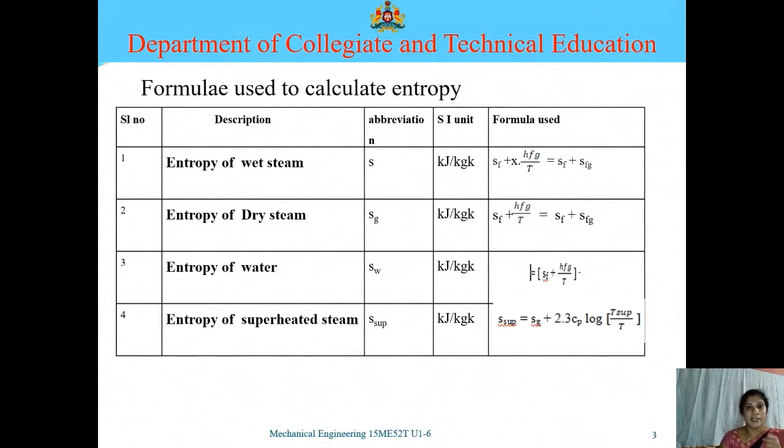So at the end of this particular unit, I'll make a tabular column where you can see all the formulas that are required to solve the problem. Okay, for today's particular session, these formulas are sufficient to solve the problem on entropy.